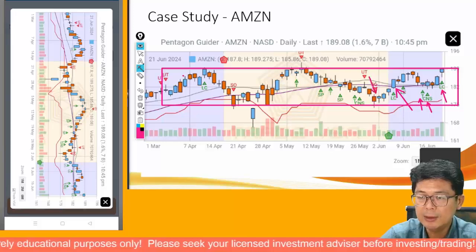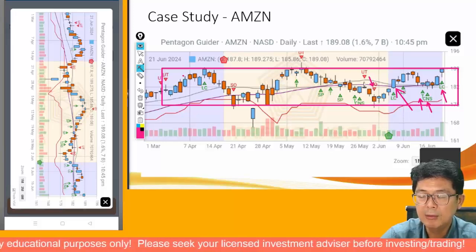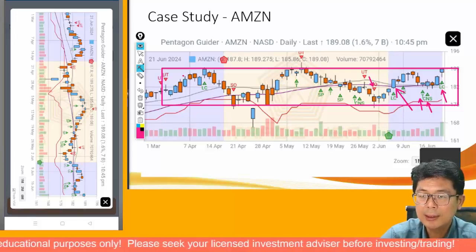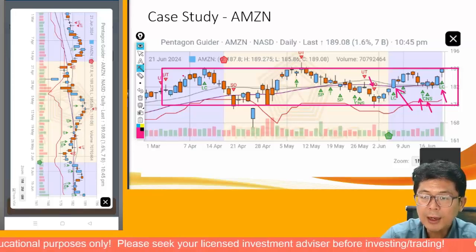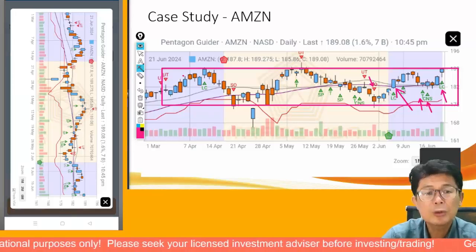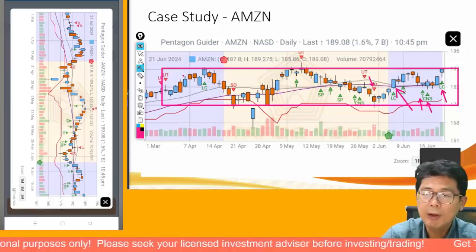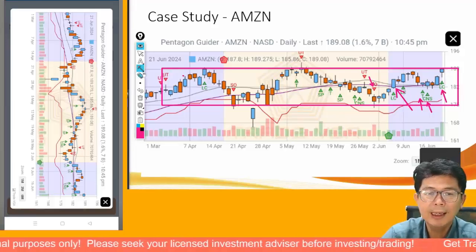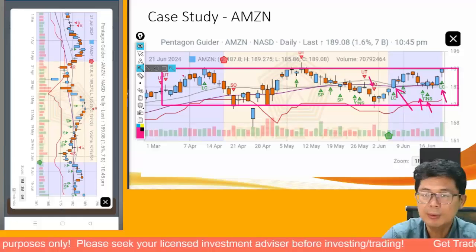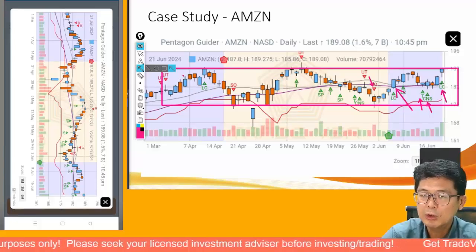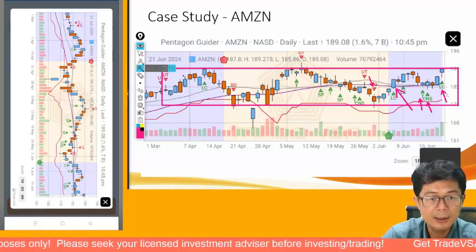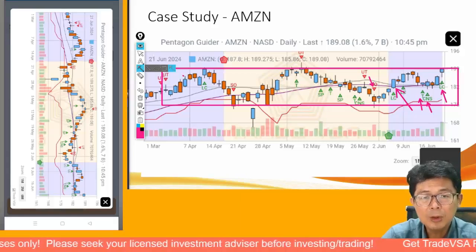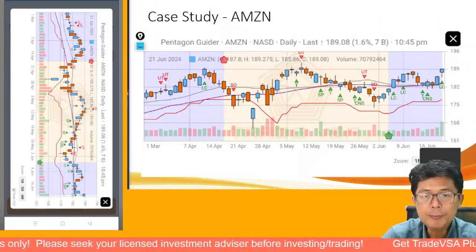With the exception here where we started to see this bar called sell-off, the market started to break down. But guess what? There's no follow through. And then finally the market turned green Pentagon, because overall the US market is still very, very positive. And what I really like to see in the background, as we said before, is all the strength as the market goes up. That's why I'm kind of confident that Amazon will go higher.